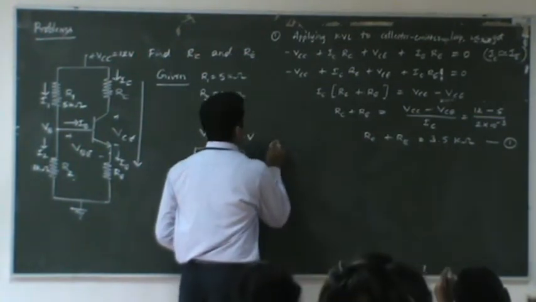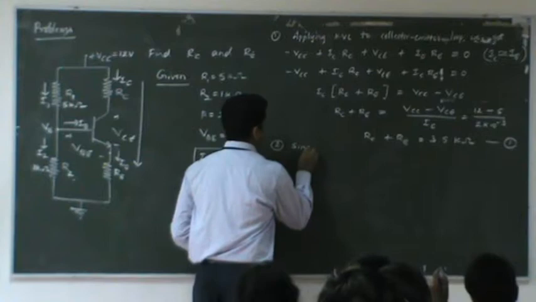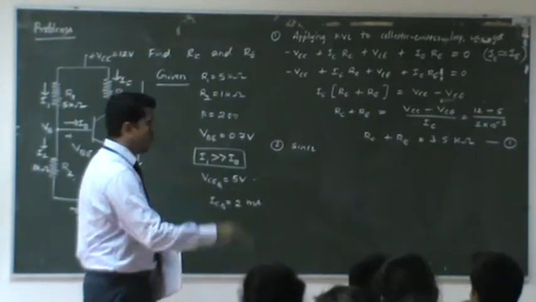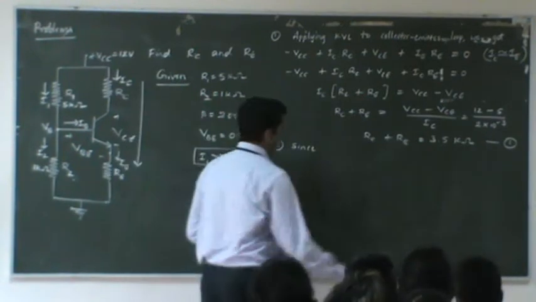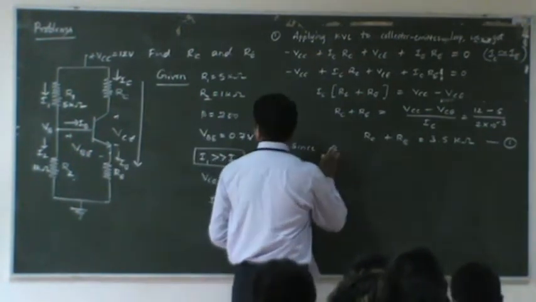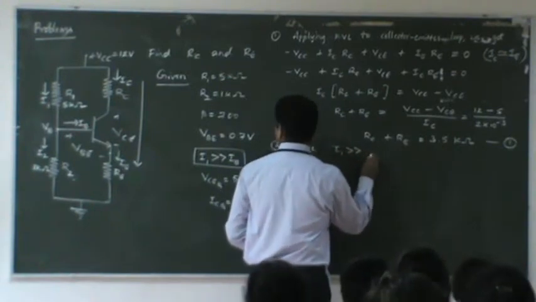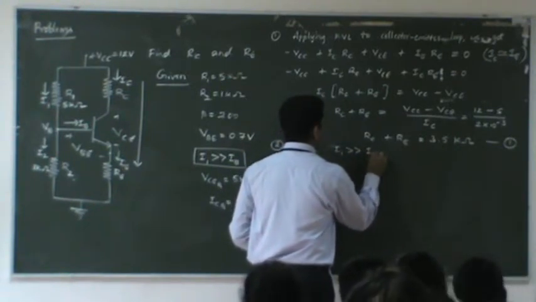We can write a condition here. What is the condition? How have you migrated to this approximate method? Look at the condition: I1 is larger than IB, the base current.